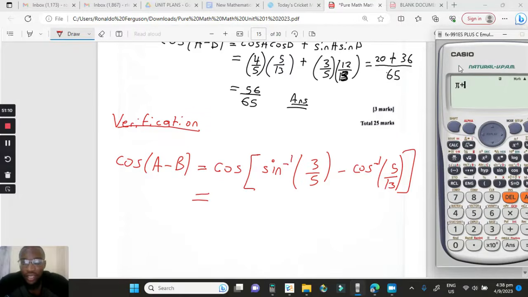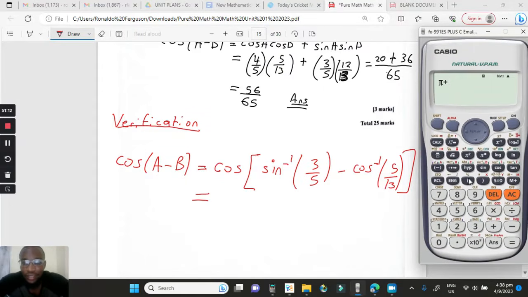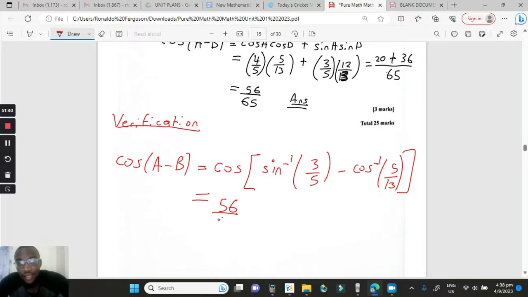So we should be able to put this in our calculator. We should be able to just say, I want to find cos of sine inverse 3 over 5, and then I want to subtract cos inverse 5 over 13, and then 56 over 65. Voila. So you can do that and get your answer.